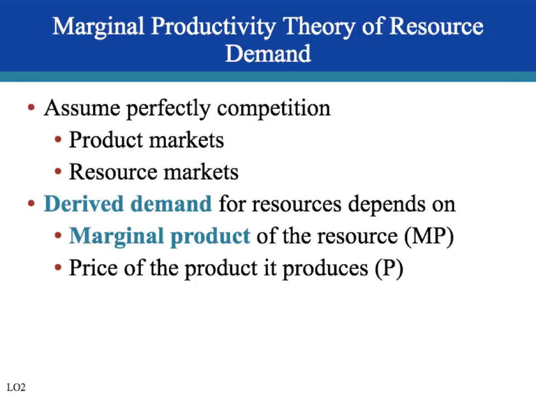How much they demand depends on, one, the marginal product of the resource, which is the change in total output that results from employing an additional unit of that resource. And then also the price of the product that it produces.